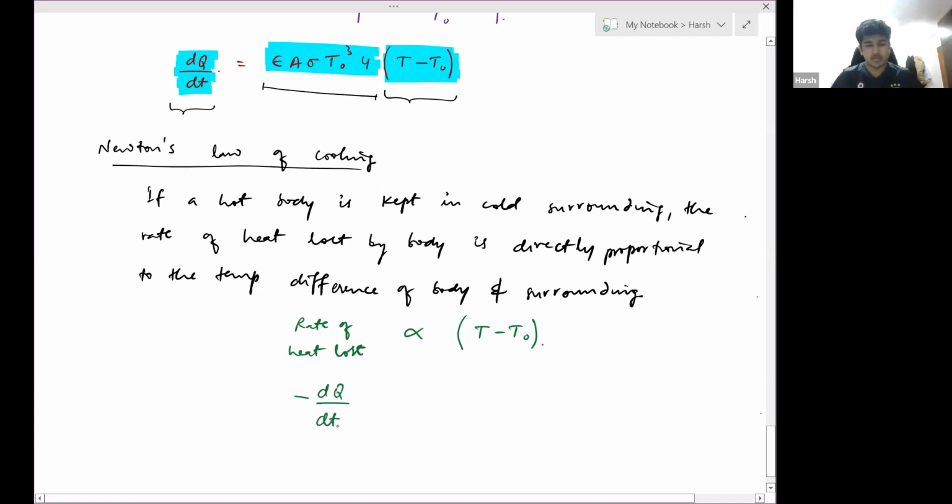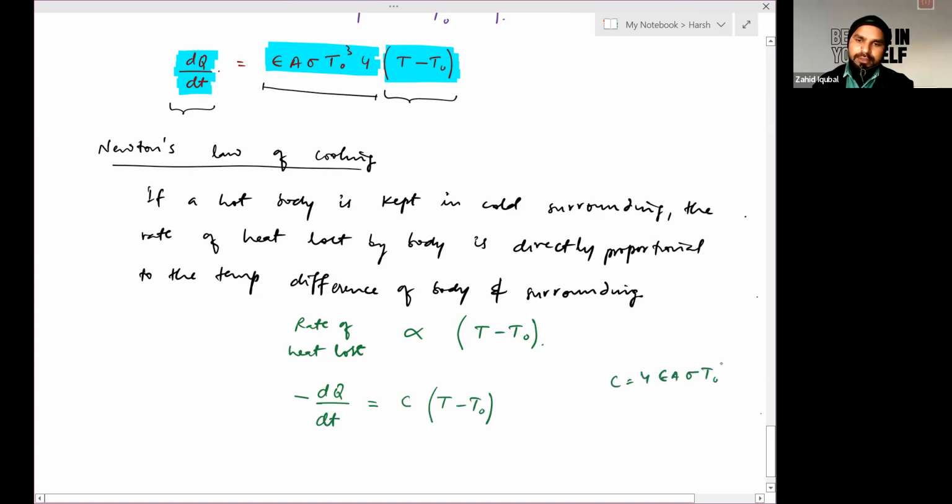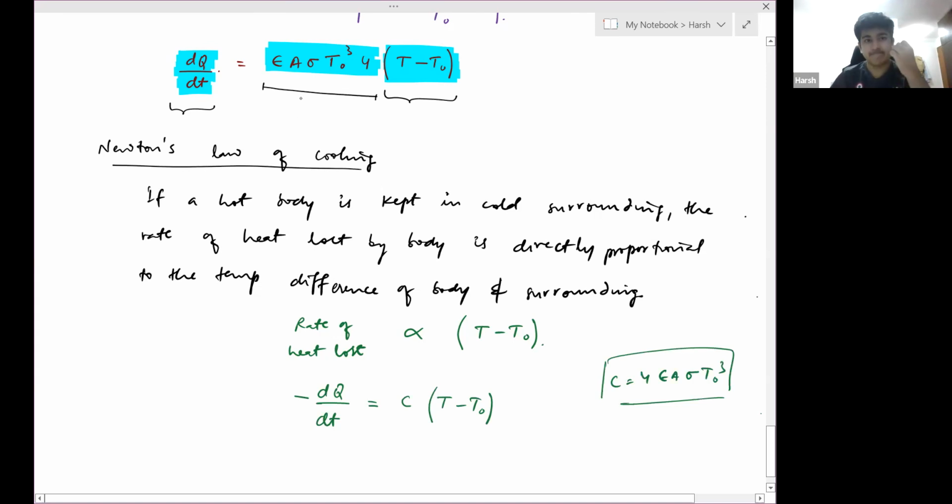Yes, sir. Since final heat will be smaller as compared to initial, and there will be a constant of proportionality C times T minus T naught, where C will be 4 epsilon A sigma T naught to the power cube. Constant. This part. Yes, sir.